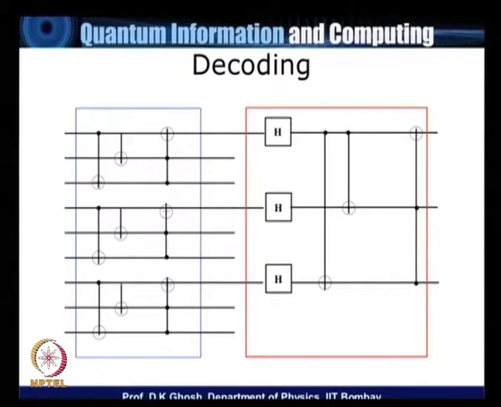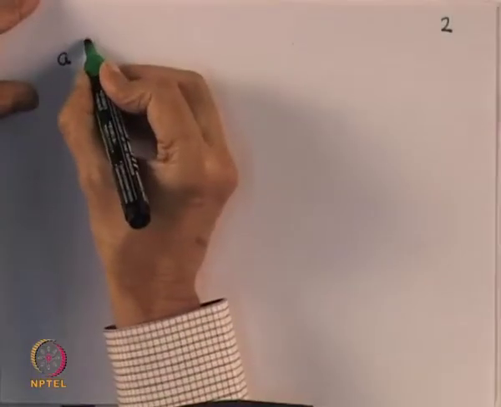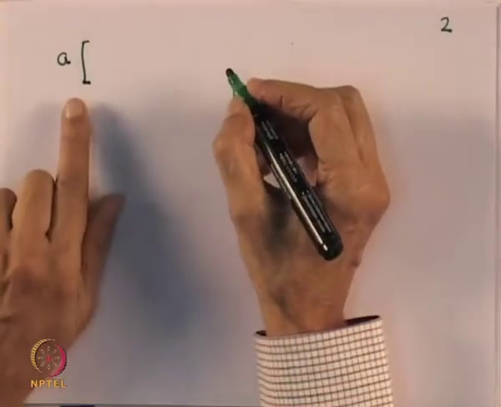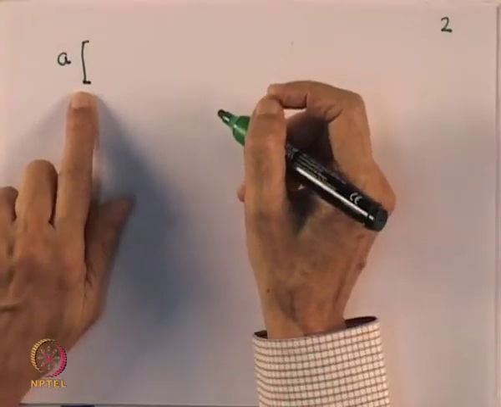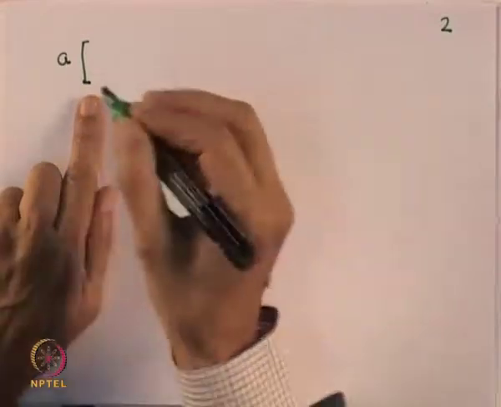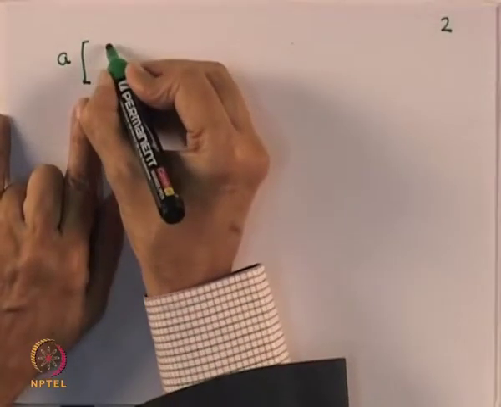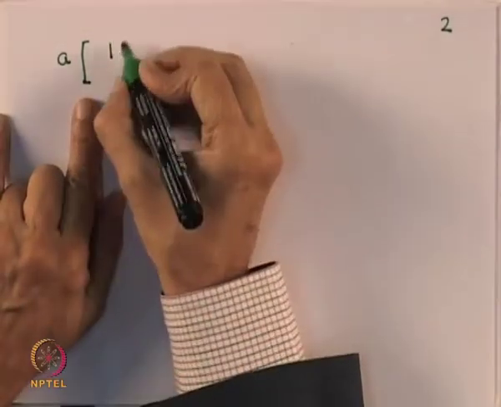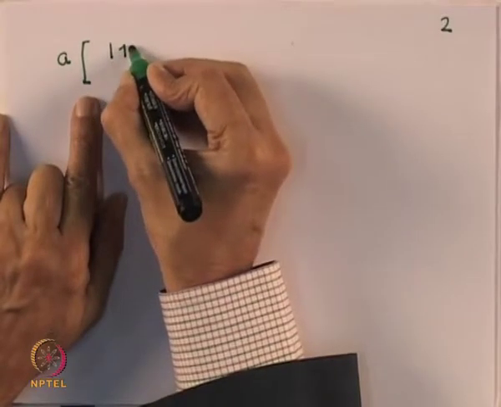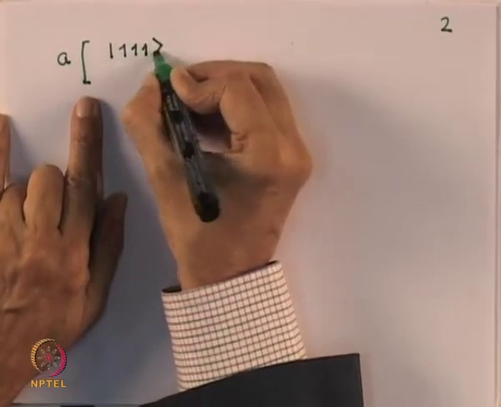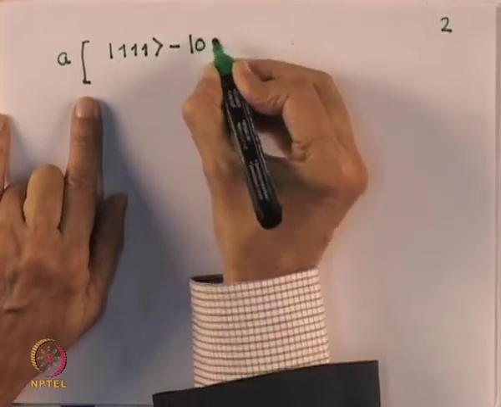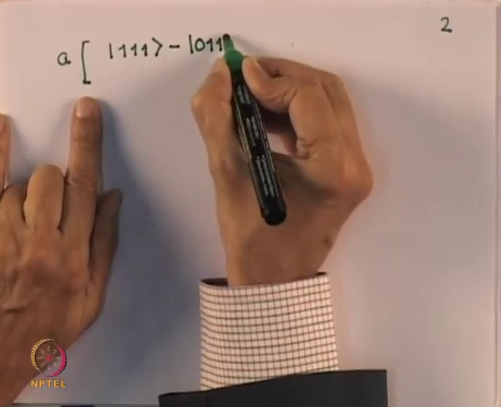So what I get is this, that A, now remember I have said that take the control to be the first qubit. So therefore I get 1 1 1 minus, now nothing happens here because qubit number 1 had 0.